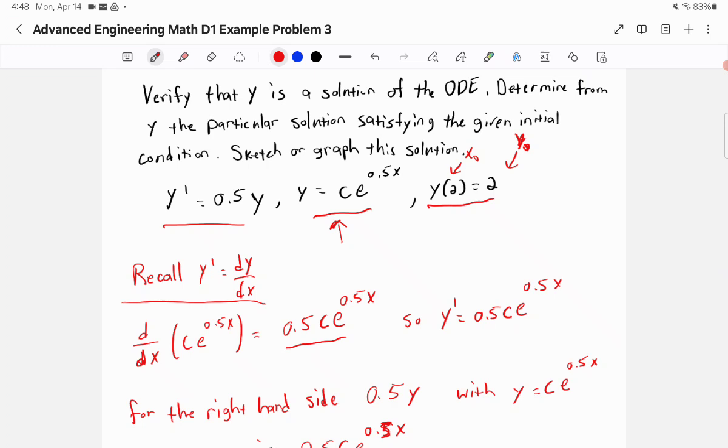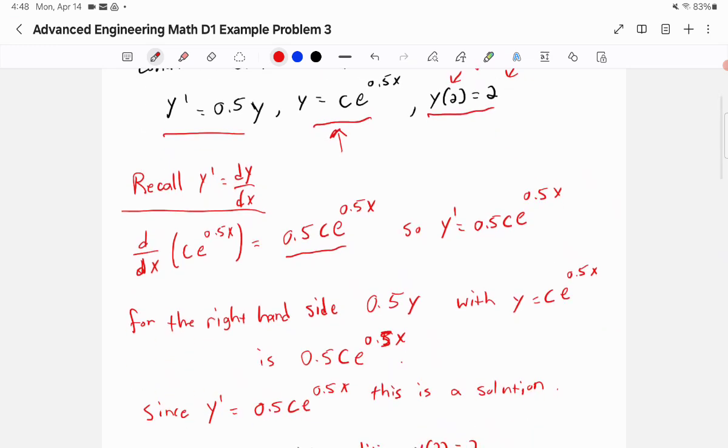What I find is that I get 0.5 c e to the 0.5x. So my y prime is equal to 0.5 c times e to the 0.5x. That was my left-hand side.